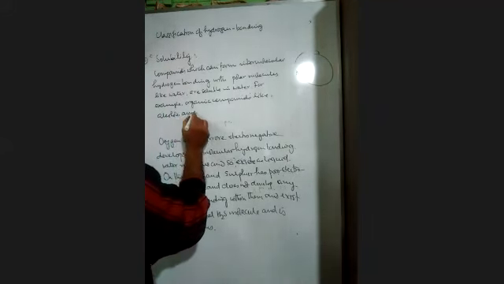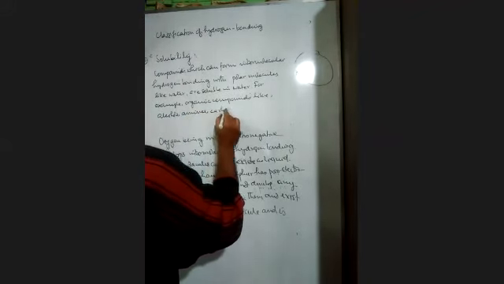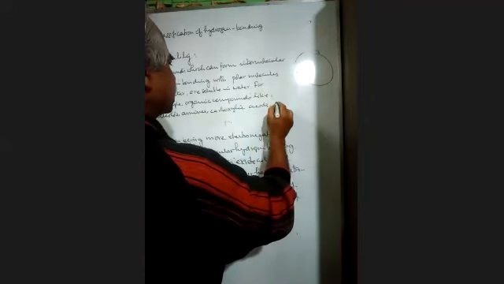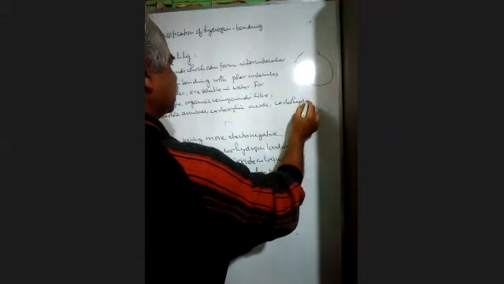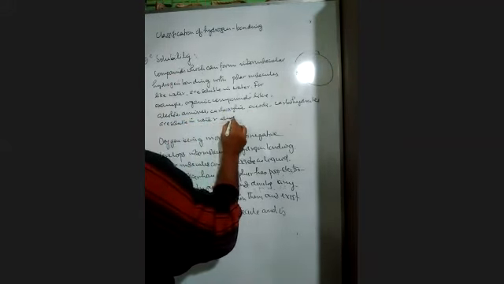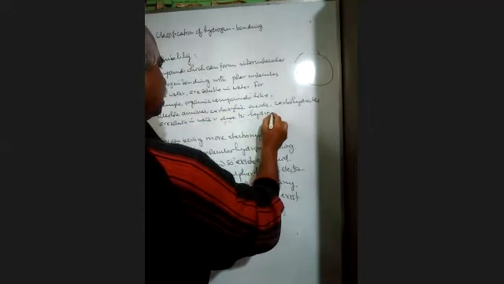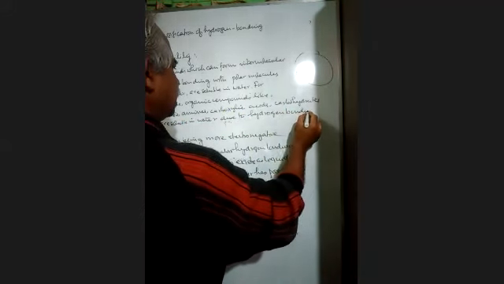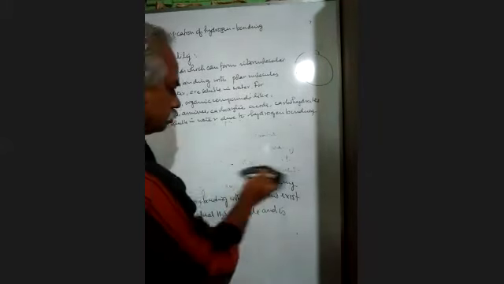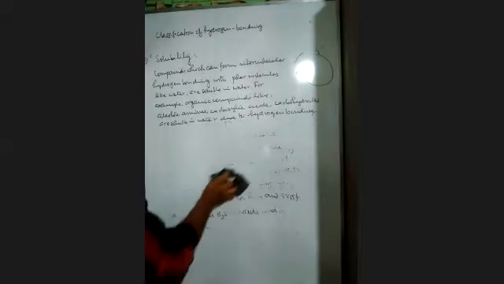Alcohols, amines, carboxylic acids, carbohydrates are soluble in water due to hydrogen bonding. Okay, see here, I'll draw.